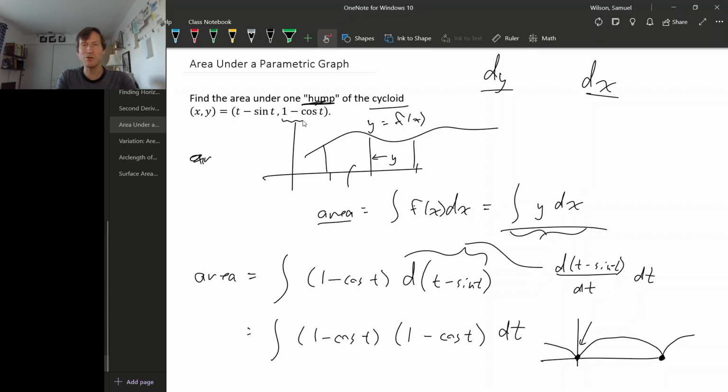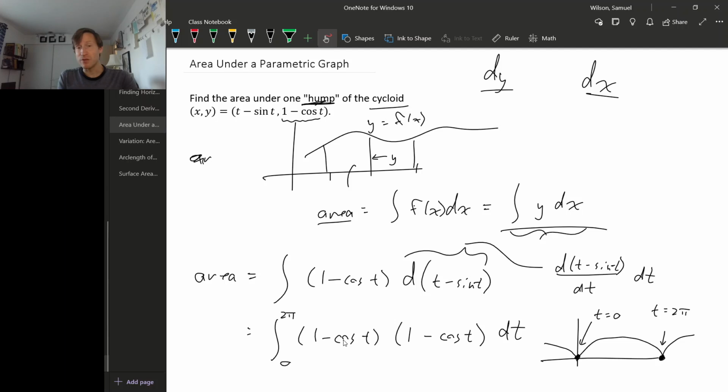So looking at the y-coordinate, when is this 0? Well, the first time this is 0 is when t is 0. And the next time that cosine turns out to be 1 is when t is 2 pi. So this right here is 2 pi. So we would need to go from 0 to 2 pi.